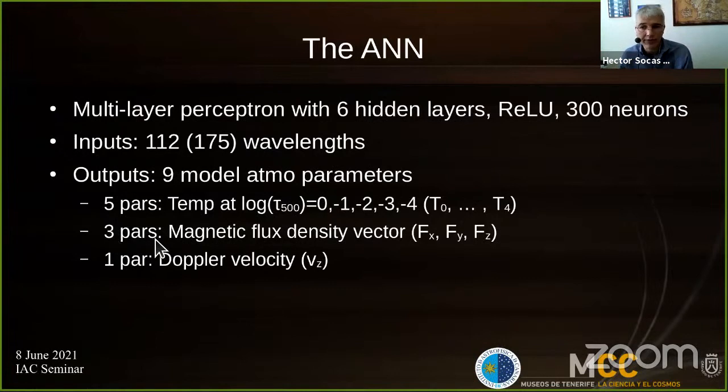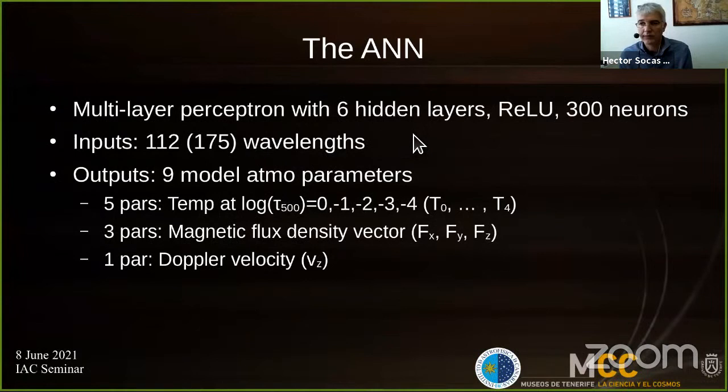Then there are 3 parameters that describe the magnetic field, and we assume that the magnetic field is constant with height. So we only retrieve an average of the magnetic field in the line formation region. And then another parameter, which is also a constant Doppler velocity that controls how much our line is shifted in wavelength. That's basically it.